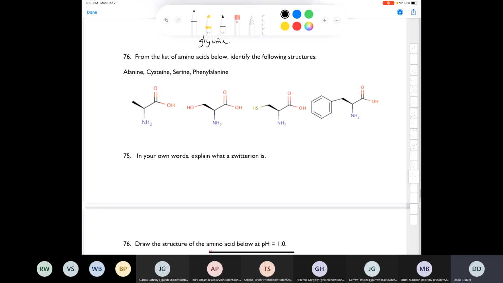From the list of amino acids below, identify the following structures. I would never ask you to memorize the amino acids, but you might have memorized some of them along the way, right? If you have just a methyl group as your R group, CH3, that's alanine. Phenylalanine is where you replace one of these hydrogens with a phenyl. And so this is phenylalanine.